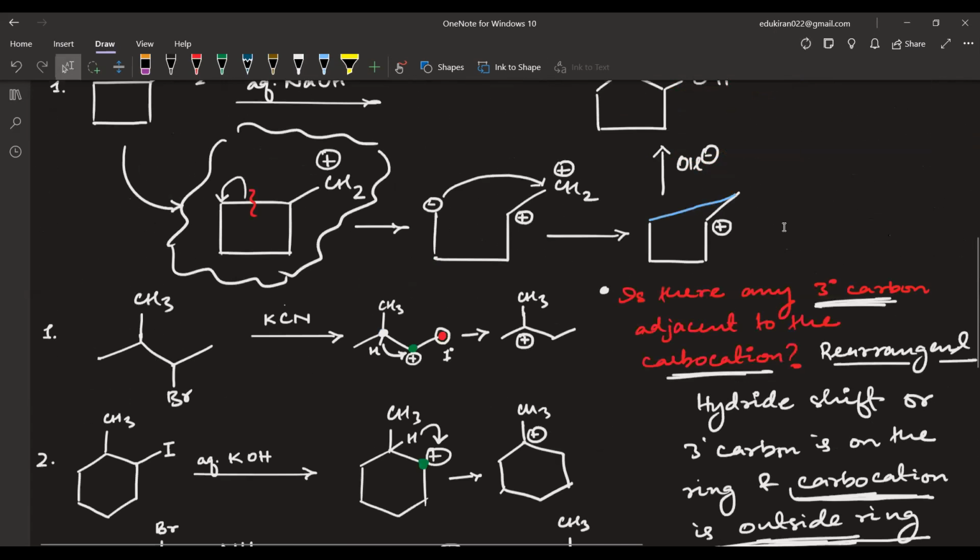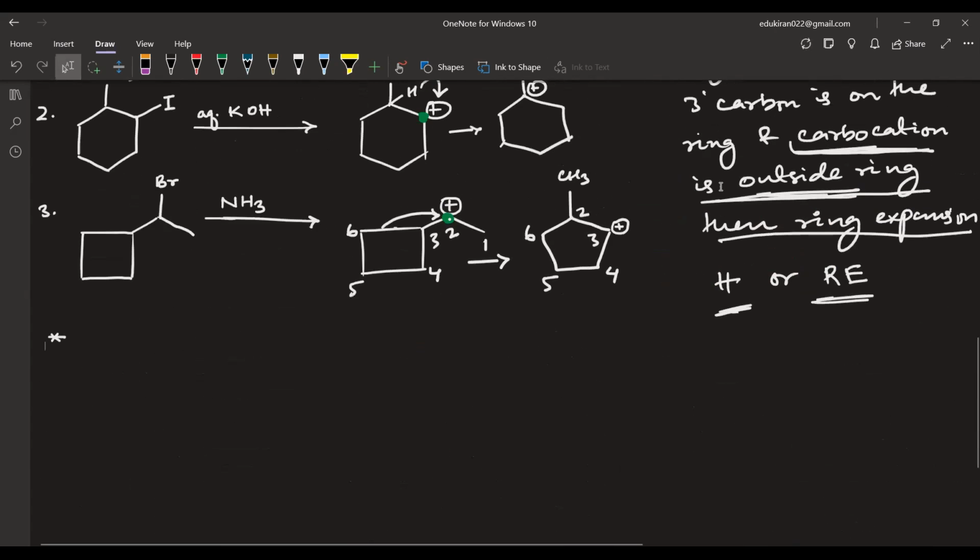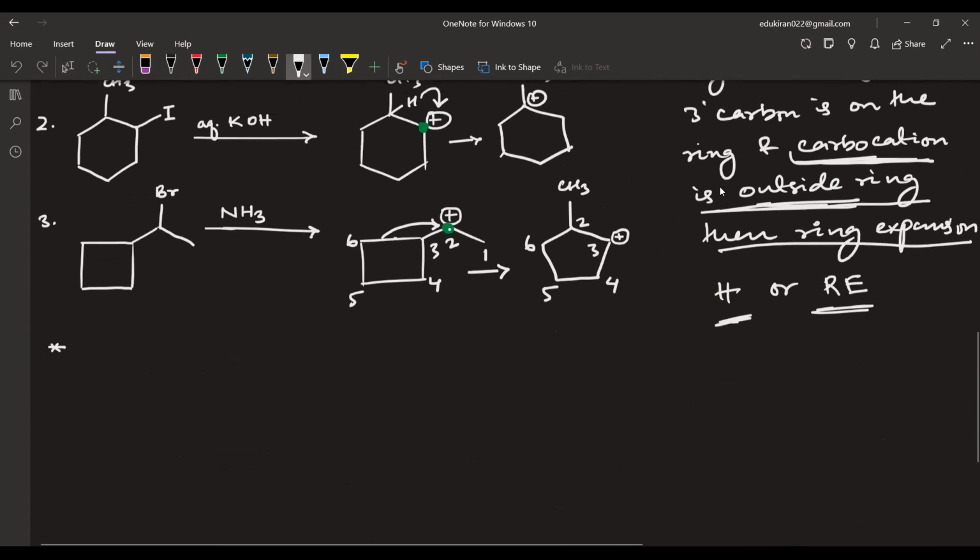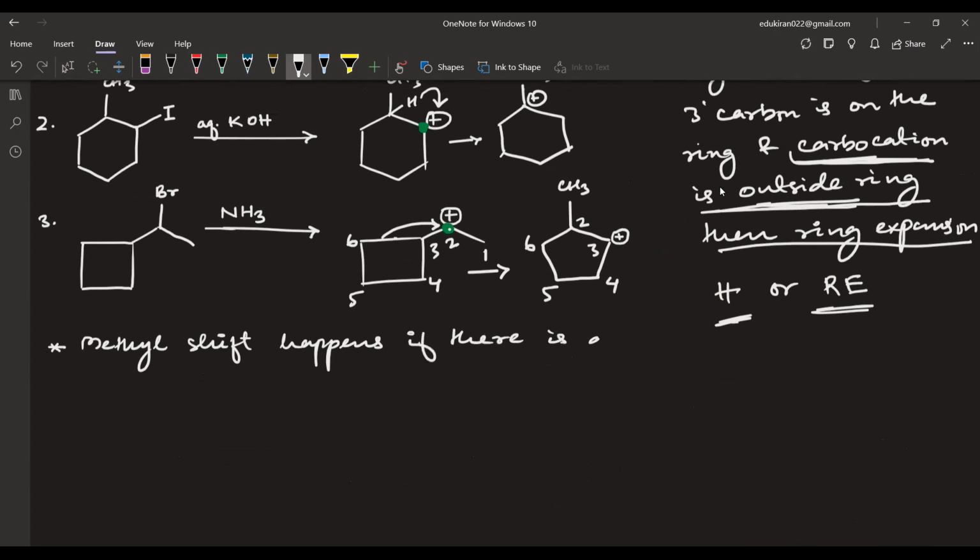So see, if there is 3-degree carbon adjacent, then what will happen? Hydride shift, okay? Then you will write, methyl shift happens if there is a 4-degree carbon adjacent to carbocation.